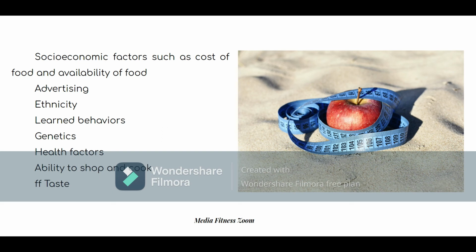Advertising and ethnicity could also play a role. Advertising actually makes people buy soft drinks, soda drinks, chocolate bars and other types of food that taste good, but on the other hand bring nothing in relation to the health of our body, of our organism.